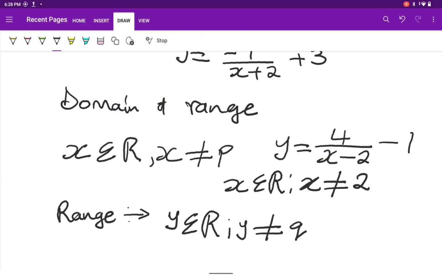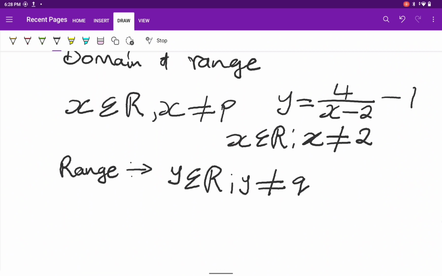In our function, we will say y is an element of real numbers except that y should not be negative 1. So all real numbers are covered on the y values, with the exception of negative 1, because the graph is not defined at negative 1.